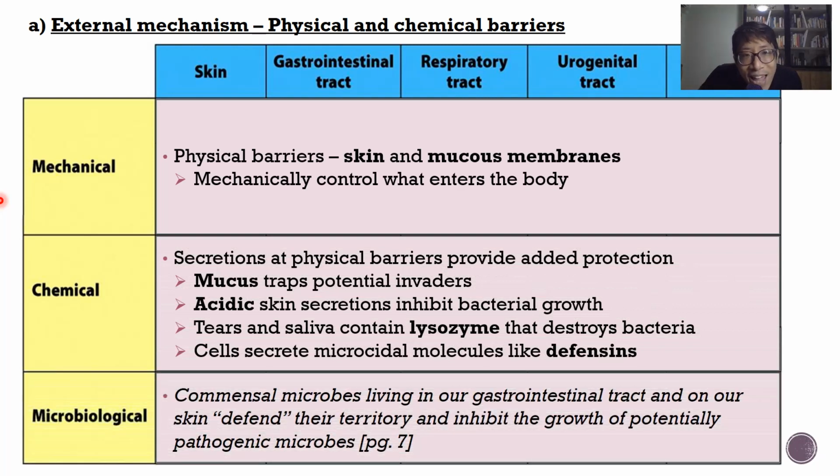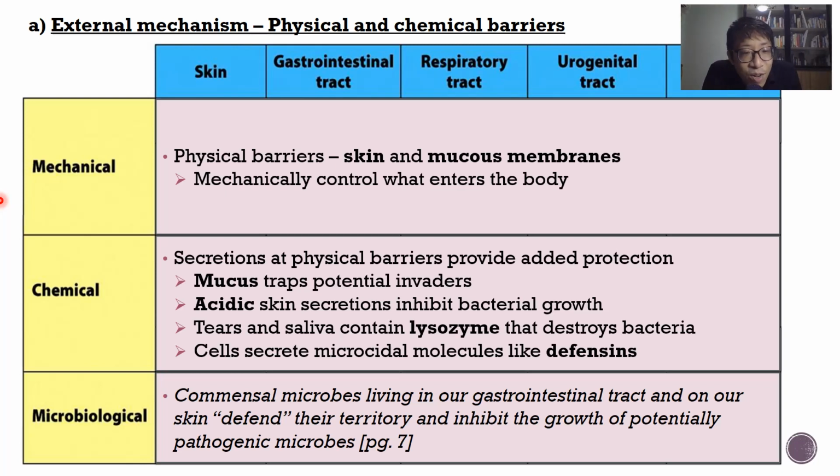I'll add one last one. Besides the physical and chemical barriers, I will add a microbiological barrier as well. This is not included in the notes because the microbiological barrier involves commensal microbes or bacteria that naturally live on our skin and in our intestines.